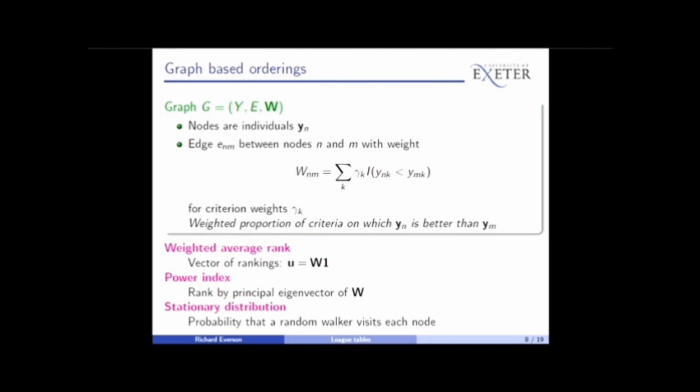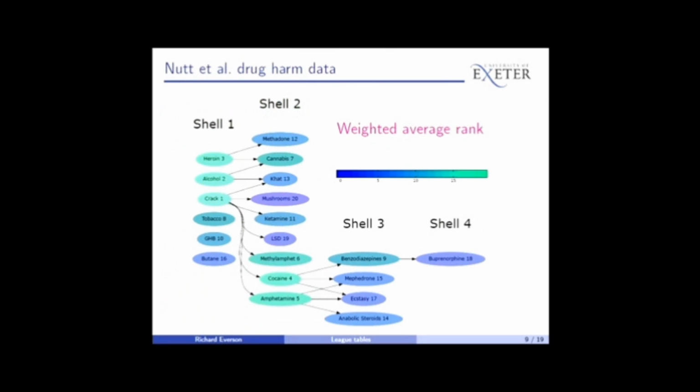And of course, there's a skill to choosing those weights. Related to that is the power index, and the power index sort of not only takes into account your average rank, but it also takes into account the things that you dominate. But in fact, somewhat disappointingly, in all of the data that we've looked at, the power index doesn't provide much extra information above the weighted average rank.